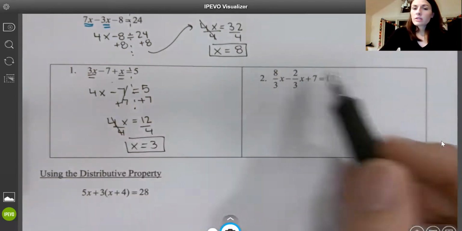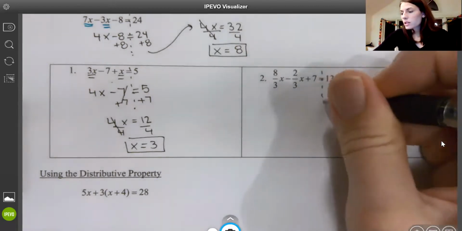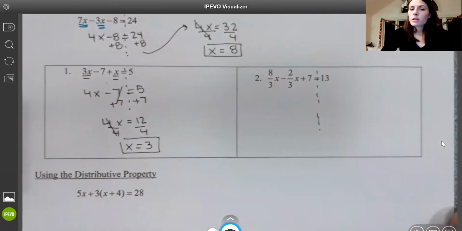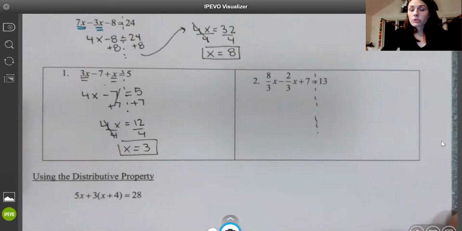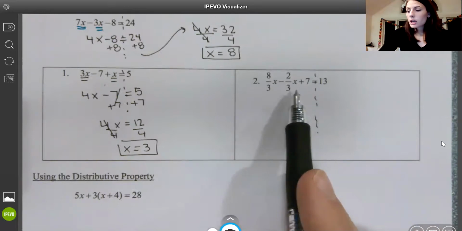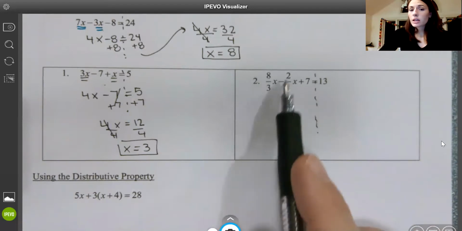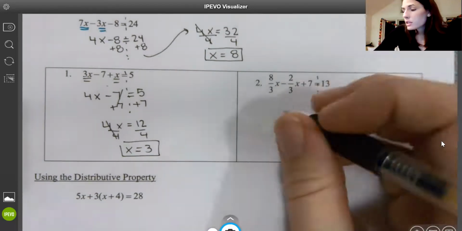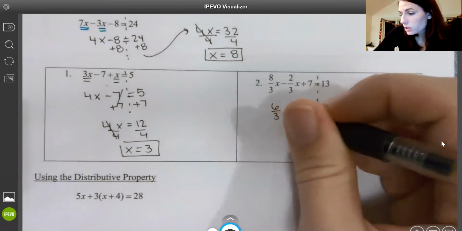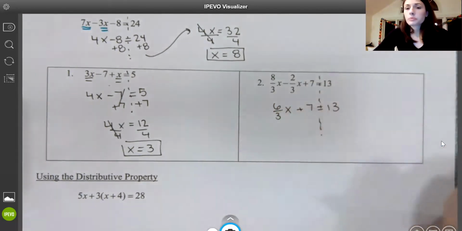Now this next one kind of looks scary, but once I get started, you'll see it kind of magically gets really simple for us here. So again, I have like terms. Now if I combine these, this already has a common denominator. So if I have 8/3 x and I take away 2/3 x, that's going to leave me with 6/3 x plus 7 equals 13.